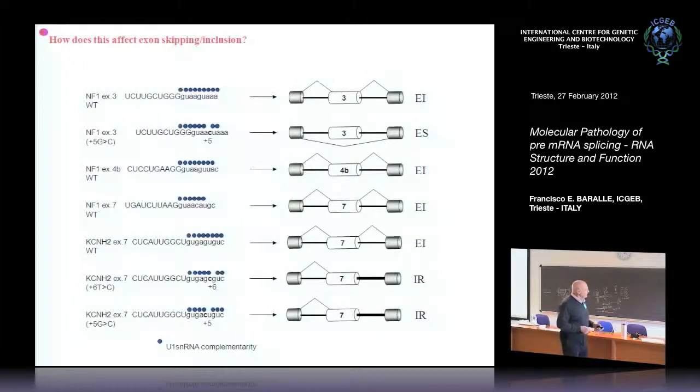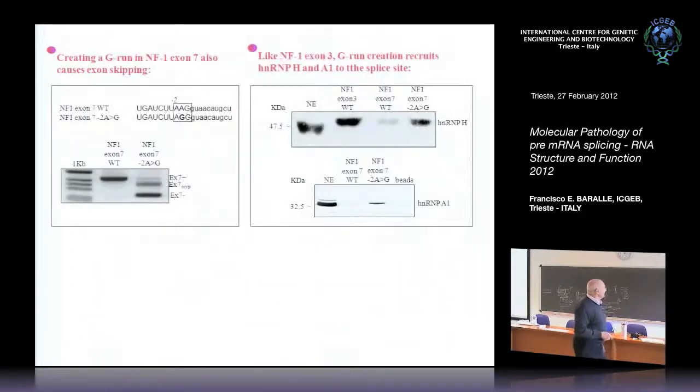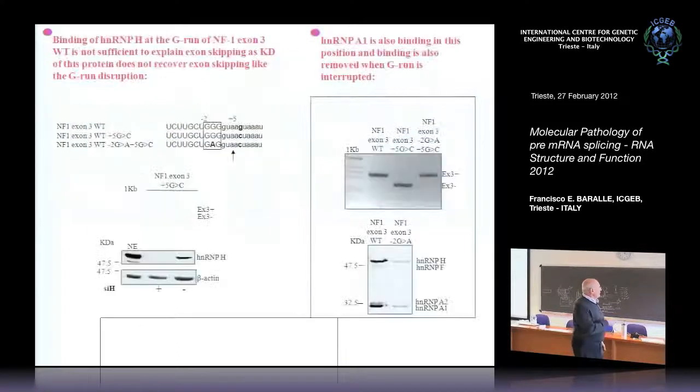We'll see it in a minute in another example. You can show that because if you disrupt this G for A, the G run is disrupted, H doesn't bind anymore, and now you have full inclusion.